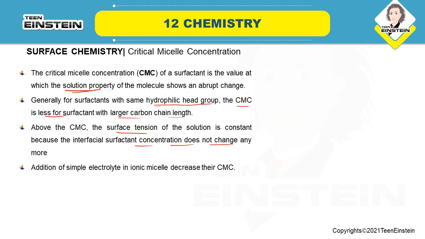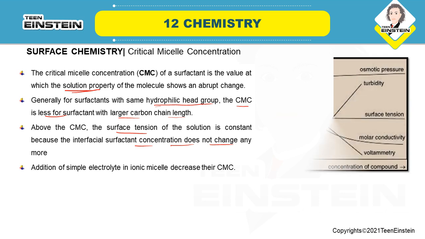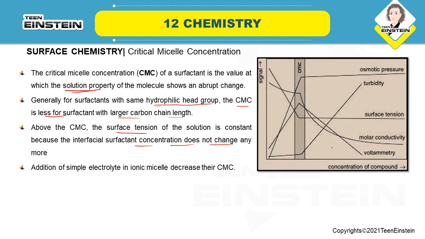As further adsorption is not possible, there is no question of it affecting the surface tension. But below CMC, as we are increasing the concentration, there will be some change in surface tension. But once CMC is reached, there will be no change in the surface tension, so it will be constant.